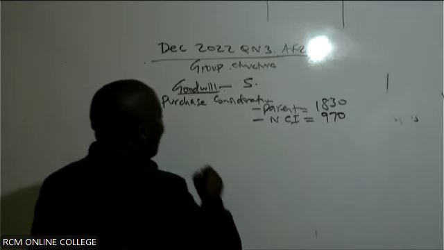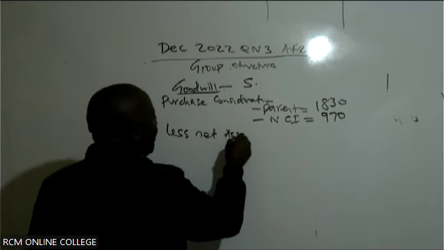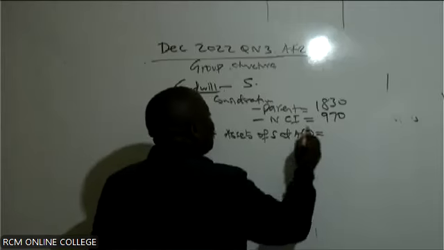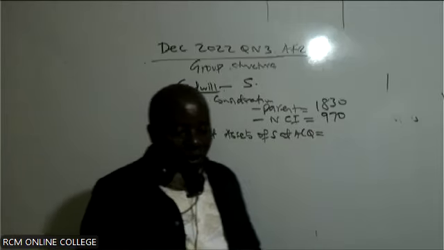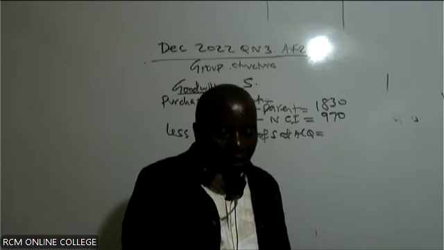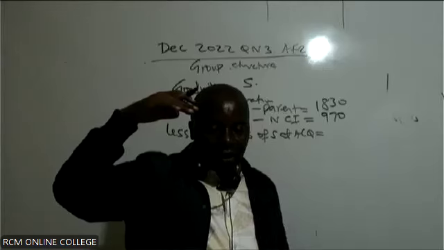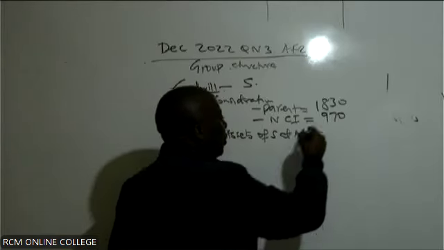And then you come and less net assets of S at acquisition. Are you able to remember our net assets at acquisition? Can somebody give me the net assets of S at acquisition? For S, we've already done this. So 2440.